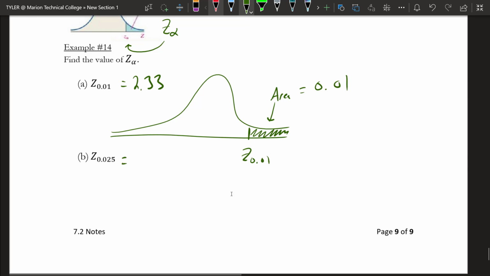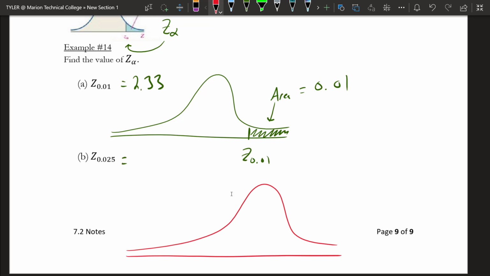Right? So then finding the next one, z sub 0.025, right? So this would be the z-axis, right in the center would be a z-score of 0, and somewhere over here would be z sub 0.025. And to find this value, I want this area to be equal to 0.025.